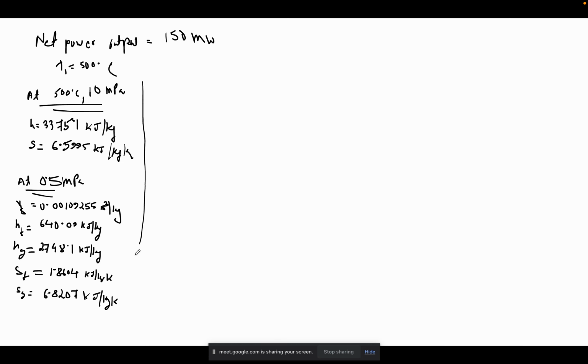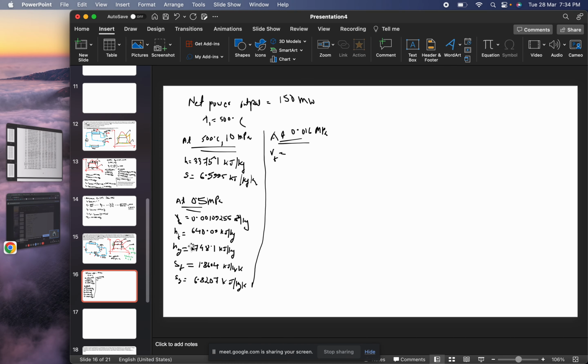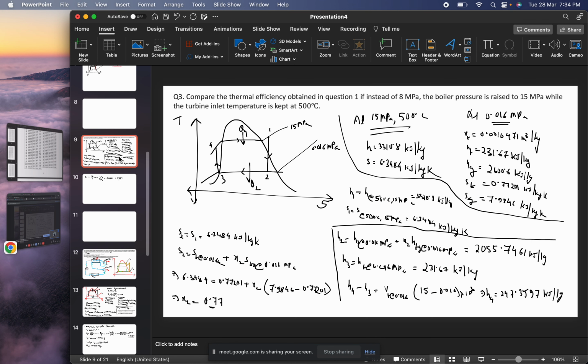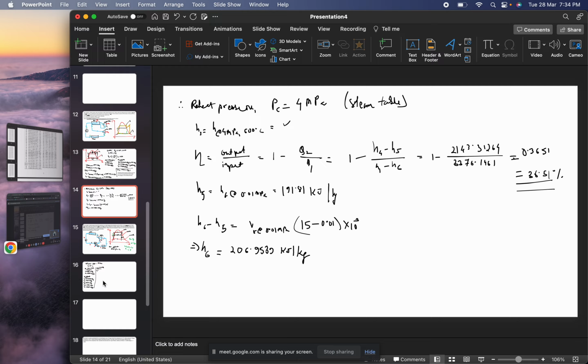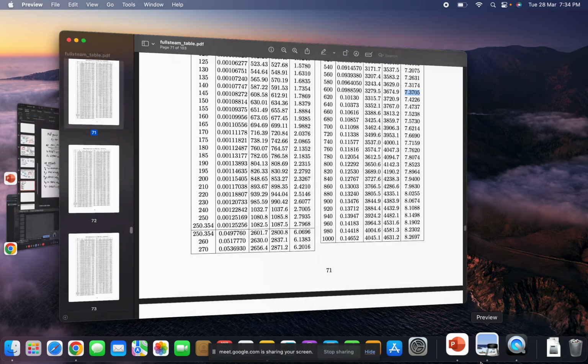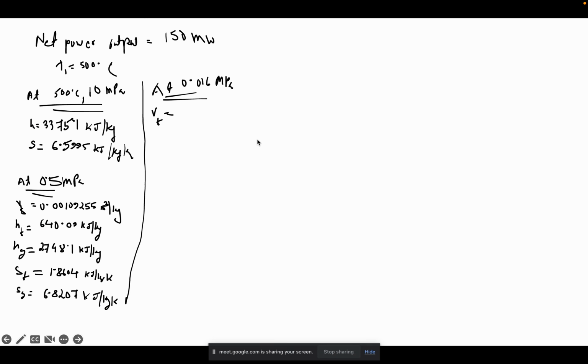Okay, also I know at 0.016 megapascal, Vf is 0.001047 meter cube per kg.